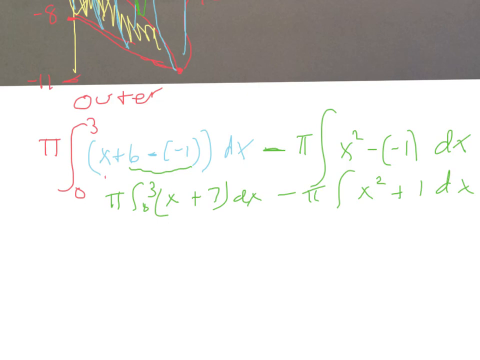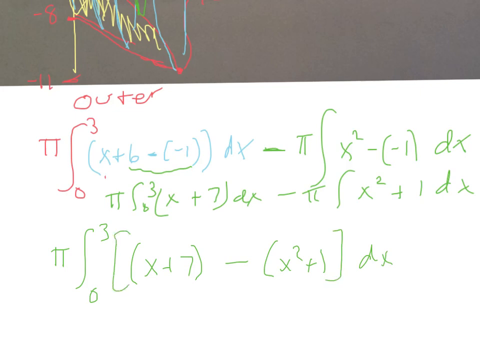And then, depending on how you feel about it, you can solve it from there, or as I've indicated in other videos, I can consolidate it down to one integral, because they both have pi, they're both going to the same limits. So I can have the pi outside, and then I'd have the x plus 7 minus the x squared plus 1 all dx. And you know that I like to have the final set of brackets or parentheses around them.